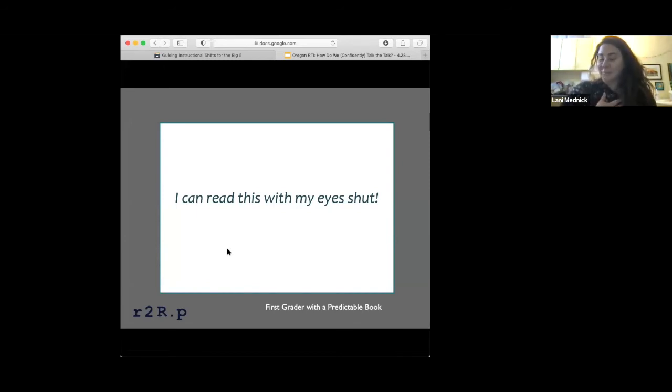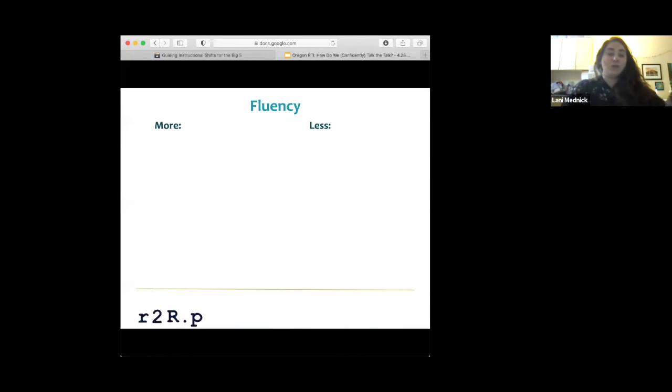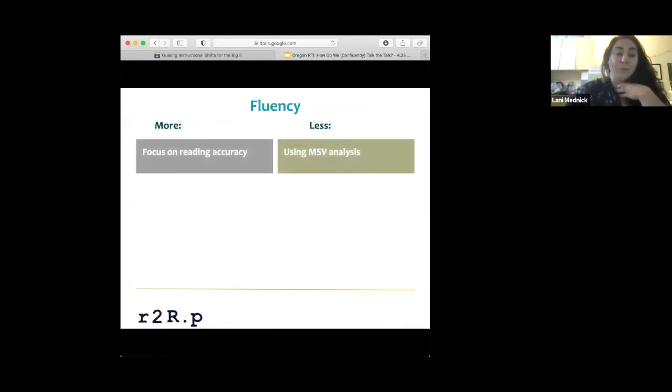And when Margaret was speaking to why predictable books are problematic, another reason is they do not allow for fluent reading. And if a kid isn't attending to the letters on the page, they're not reading. And the result is a faulty understanding of what reading really is. So in our own classrooms and the classrooms we're supporting, we want more of a focus on reading accuracy and less of that MSV analysis.